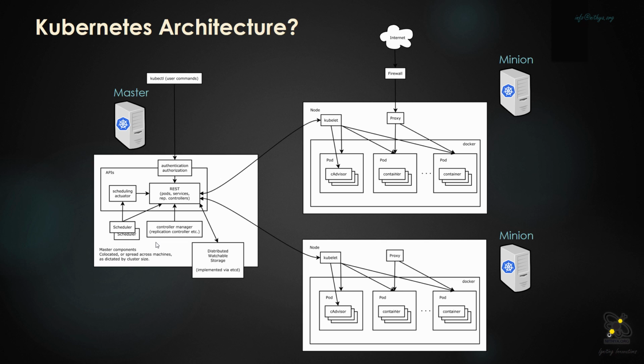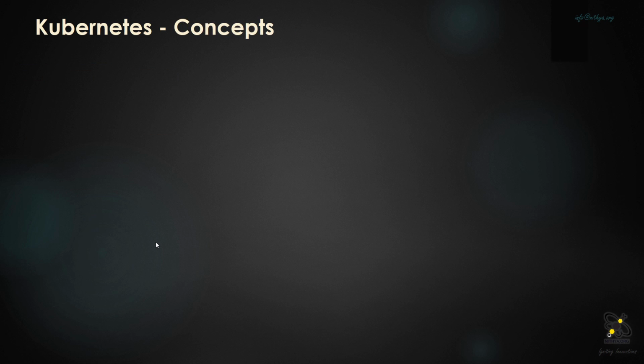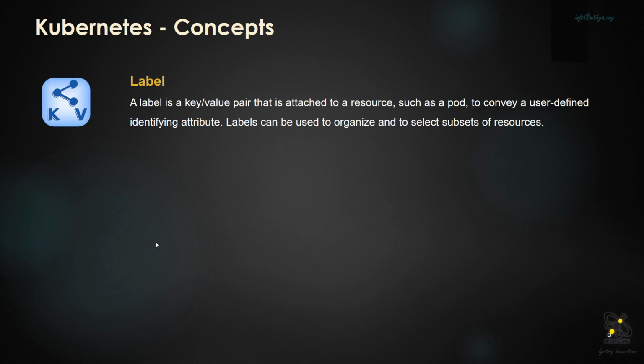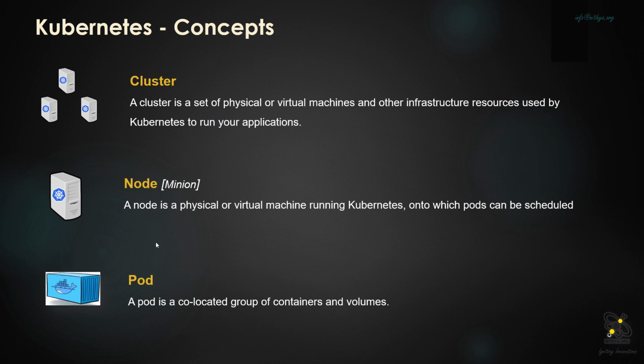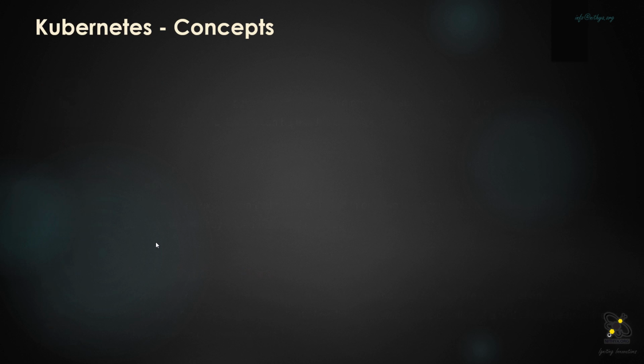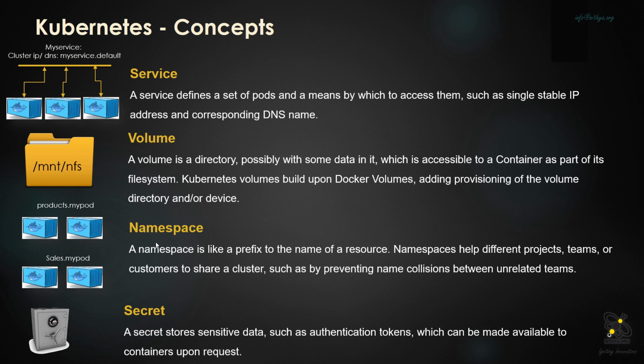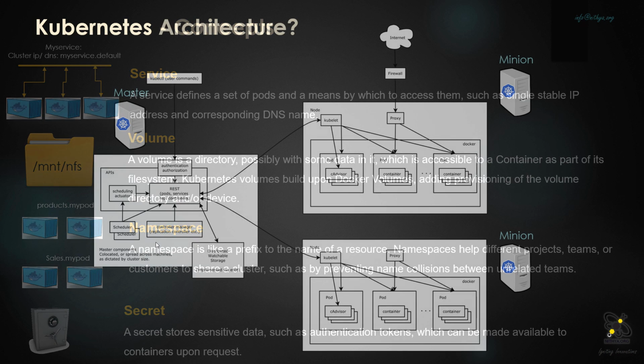The next important thing is Kubernetes architecture. As we understand, there are many concepts, correct? Previously we covered cluster, node, pod, label and selector, replication controllers, service, volumes, namespace, and secrets. I gave these so you can understand this architecture.